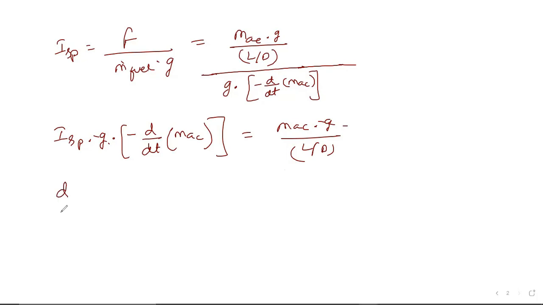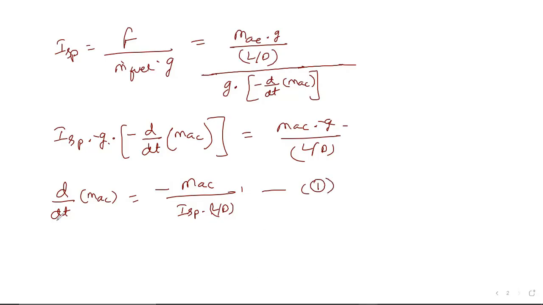So d by dt of MAC, which is how the mass of aircraft is changing, is equal to minus MAC by ISP into L by D. So this is how much the mass of the aircraft changes. You can call this equation number 1. A, B, C, D is not good here because we are using a lot of numbers.